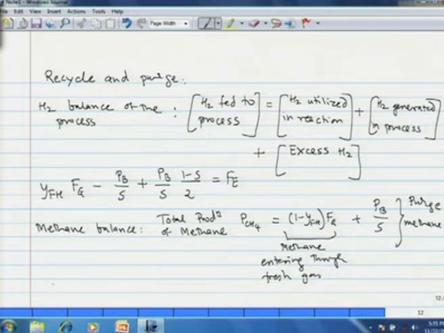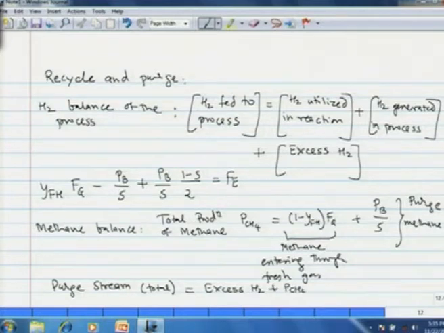However, the purge stream total should comprise of excess hydrogen plus methane that is produced in the process, and therefore, the expression for the purge stream is Fe plus (1 minus YFH) into Fg plus Pb by S. The purge stream we denote by letter Pg.